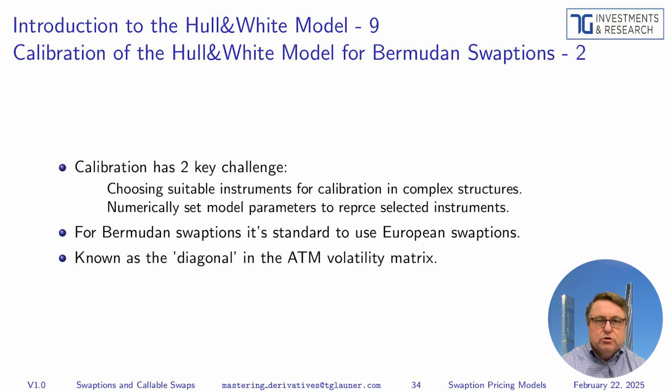For Bermudan swaptions, the standard approach is to calibrate using European swaptions. Specifically, calibration often focuses on the diagonal of the at-the-money volatility matrix, which represents swaption volatilities for maturities that match the underlying swap tenors. Remember, for option prices and volatilities, they are equivalent.